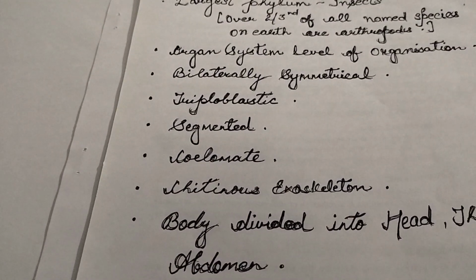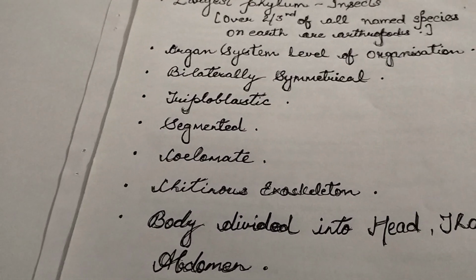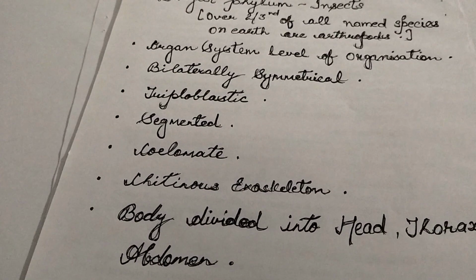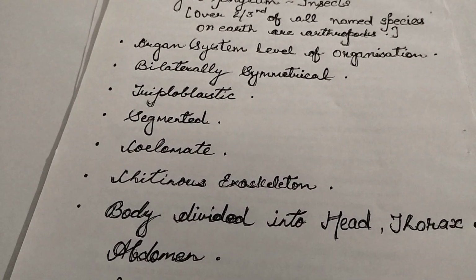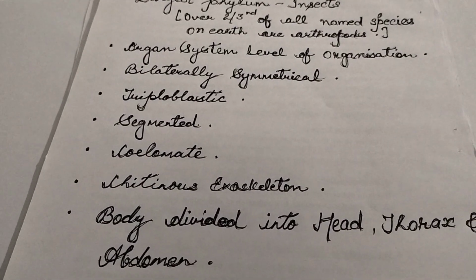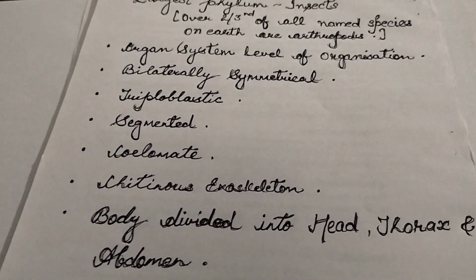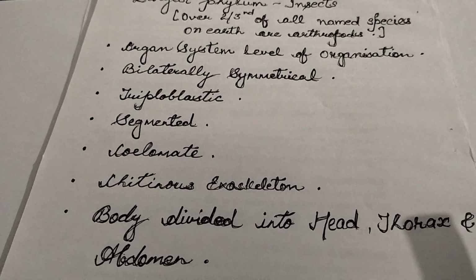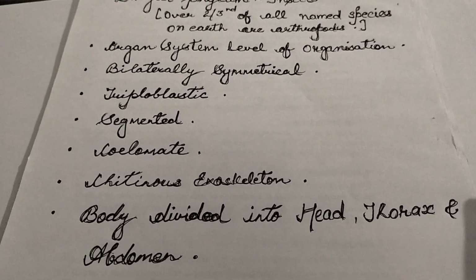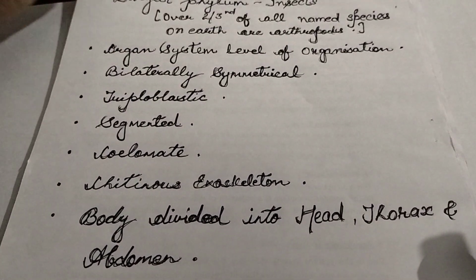Now, an important character of arthropods: body is divided into three parts: head, thorax, and abdomen. In insects, body is divided into head, thorax, and abdomen. Till now, you might not have studied the categorization of the body parts.